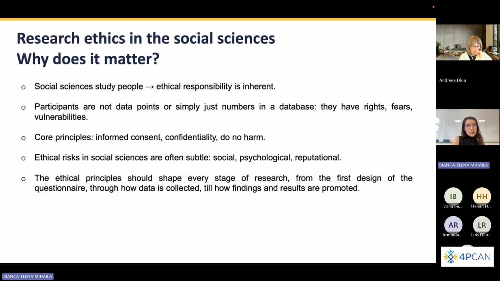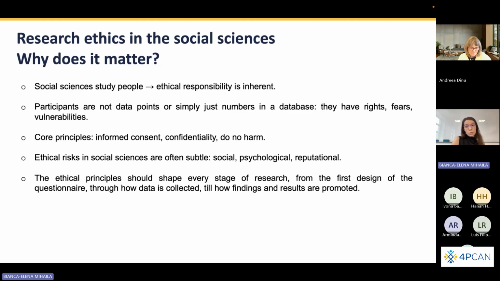And I know also from experience that research ethics may seem like a procedural thing, like a very bureaucratic thing, but at the same time, these rules exist because history showed us, sometimes in a very painful way, what happens when science loses sight of its human subjects.